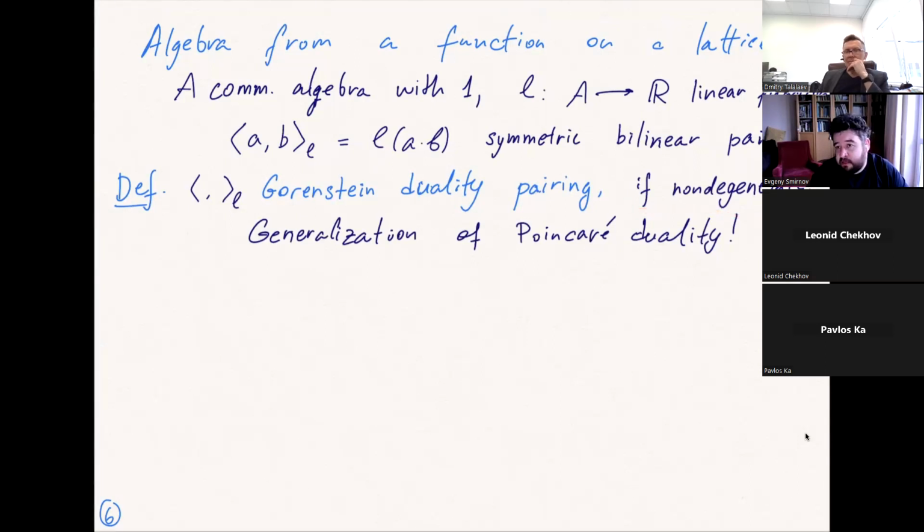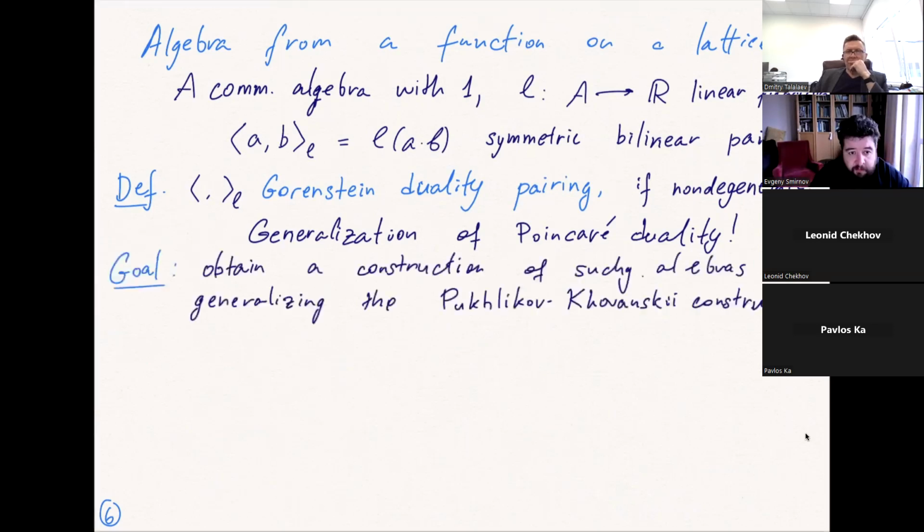And you see, this is a generalization of Poincare duality. If your algebra is graded and you have the top component of degree 1, then you have a pairing: you multiply two elements, and if you get a top degree component, then you take the corresponding coefficient. So the volume, in a sense.